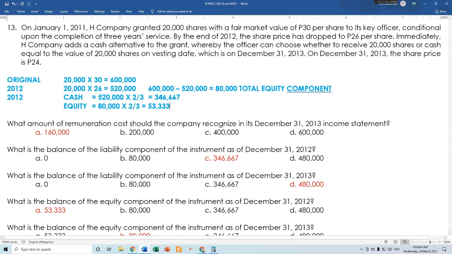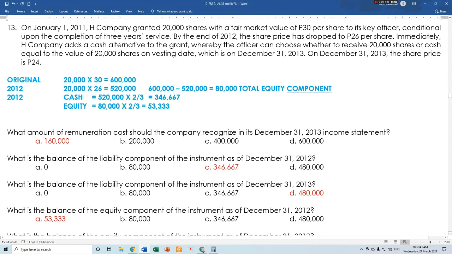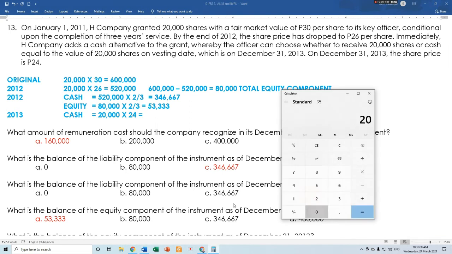Pagkatapos, pagdating nung 2013, ano ulit ang cash component ngayon yan? Ang cash component na yan will be yung value nung 20,000 shares multiplied by the 24 pesos na per share value. That's going to be 20,000 times 24.